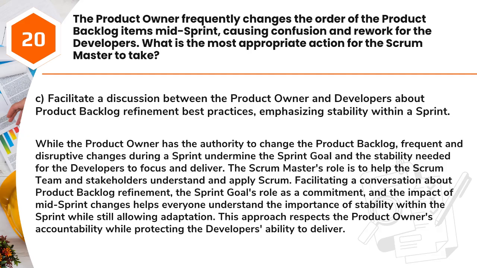The Scrum Master's role is to help the Scrum team and stakeholders understand and apply Scrum. Facilitating a conversation about product backlog refinement, the sprint goal's role as a commitment, and the impact of mid-sprint changes helps everyone understand the importance of stability within the sprint while still allowing adaptation. This approach respects the product owner's accountability while protecting the developer's ability to deliver.